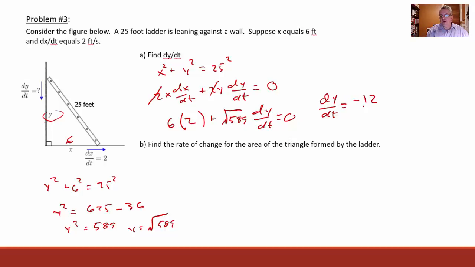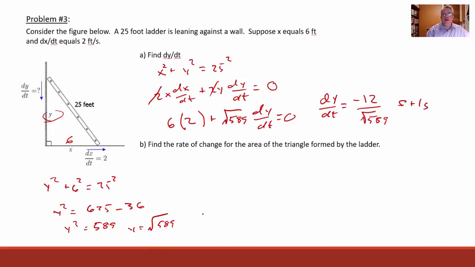And we're going to divide by square root of 589. Okay, and that would be feet per second. Now, I'm going to leave it like this instead of finding the decimal. But I want to point out it's negative, and it should be negative because the height here is decreasing. So that means its derivative should be negative, which it is.